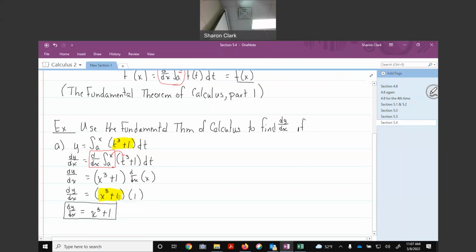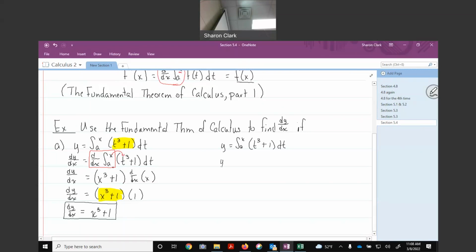Now we can do it the long way. Let's do the long way. We want to find the derivative of this thing. So if we start off with y equals the integral from a to x of t cubed plus 1 dt, we would first do the integration.